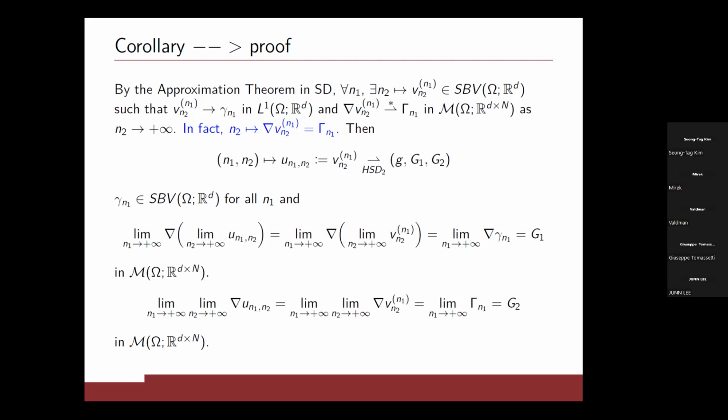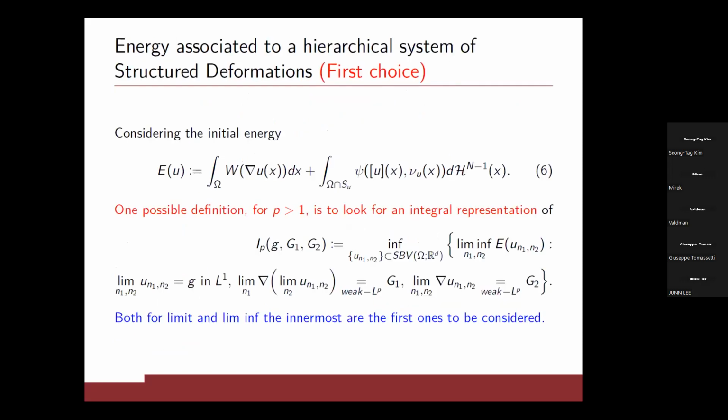Well, okay. The point is that now comes the energetic formulation. What about the energetic formulation? So there are several ideas. One is somehow to make a formulation analogous to the one made by Choksi and Fonseca.